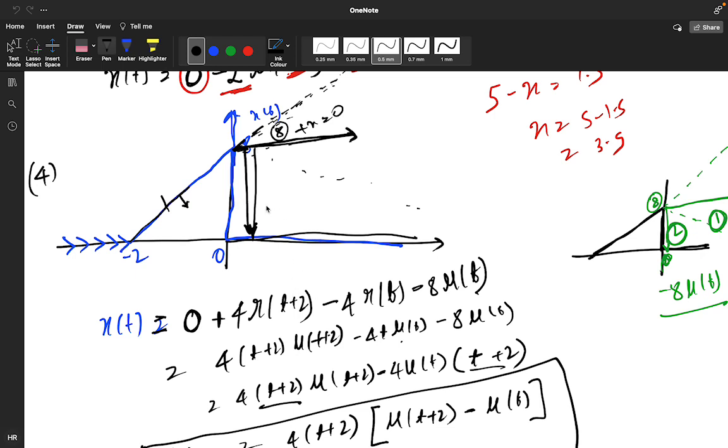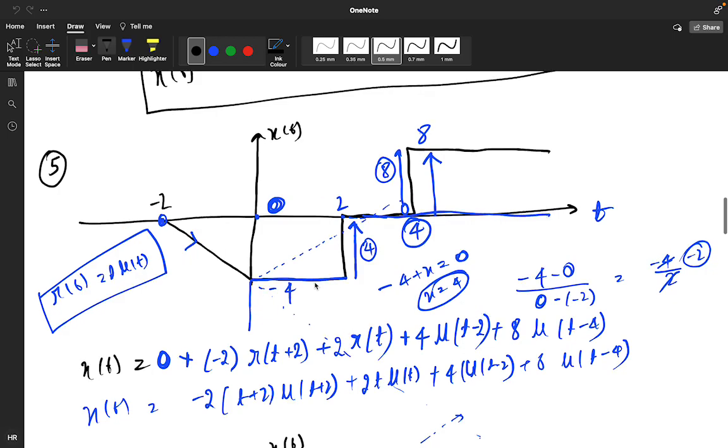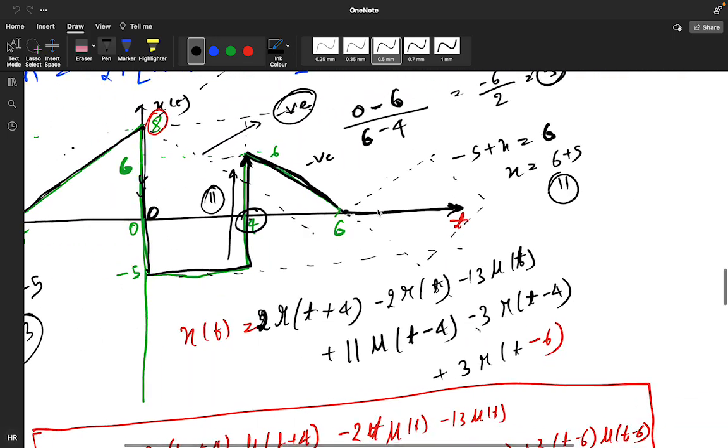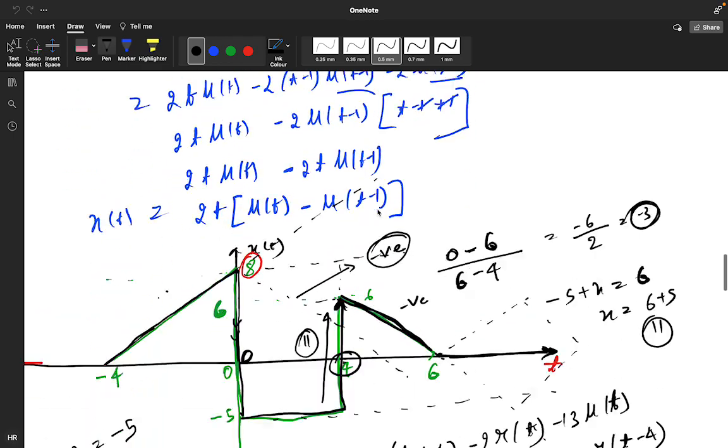So two operations are happening at the r(t) point. The negative slope comes, then the step function is decreasing by how much? By 8. The same way you can find the equations of this particular graph.